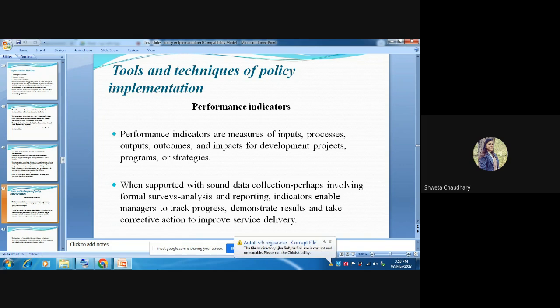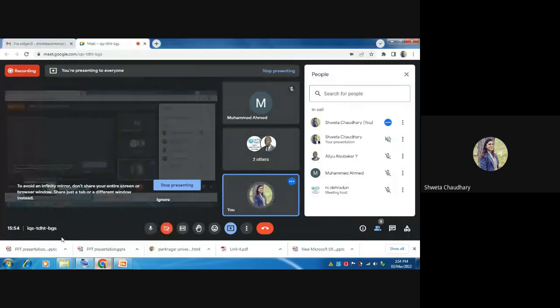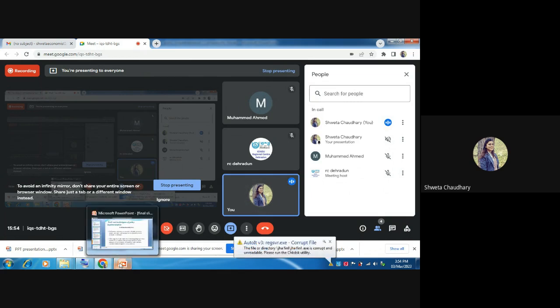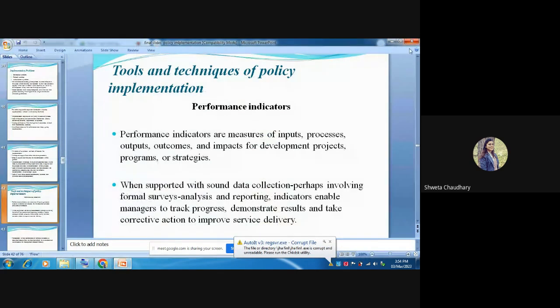See, if I am teaching you something, what are the performance indicators of my teaching? Anyone? This is a very simple question. If I evaluate you, take a certain oral test, this will be your performance indicator.